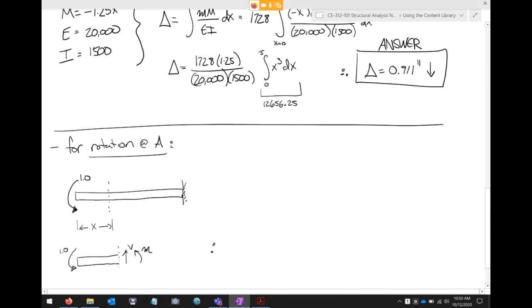What you're going to find is m of x, instead of being like minus x, it's just going to be minus 1.